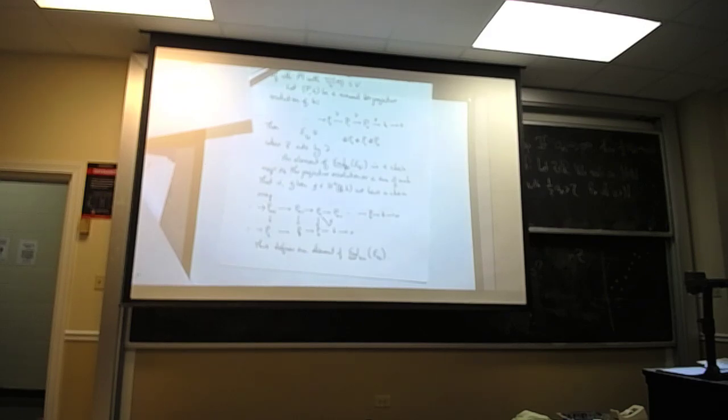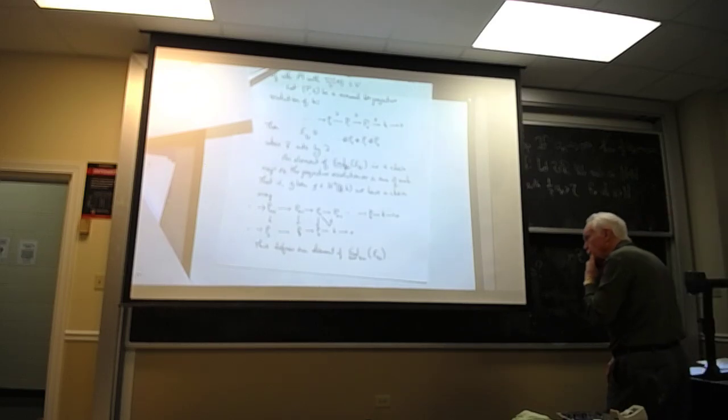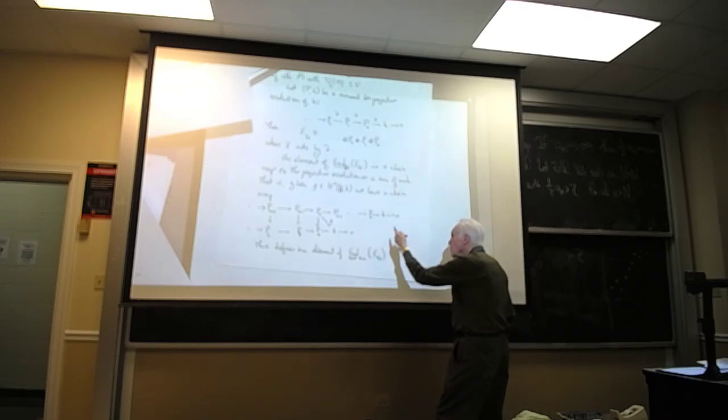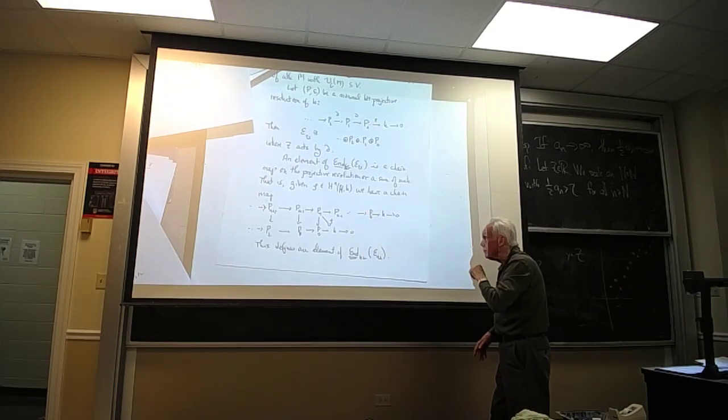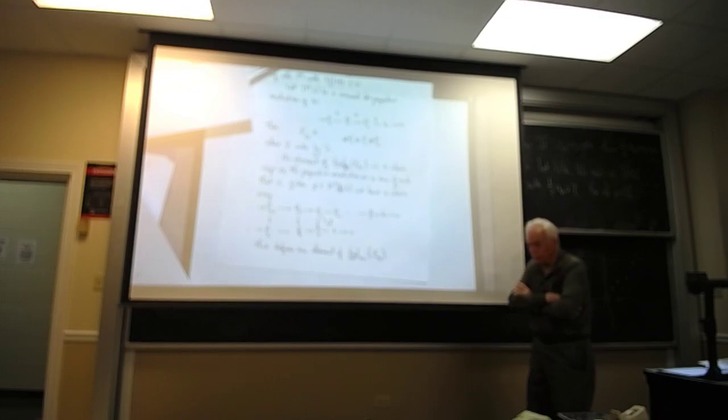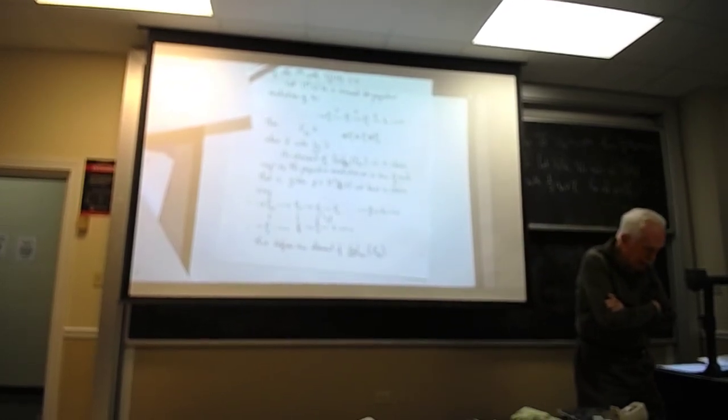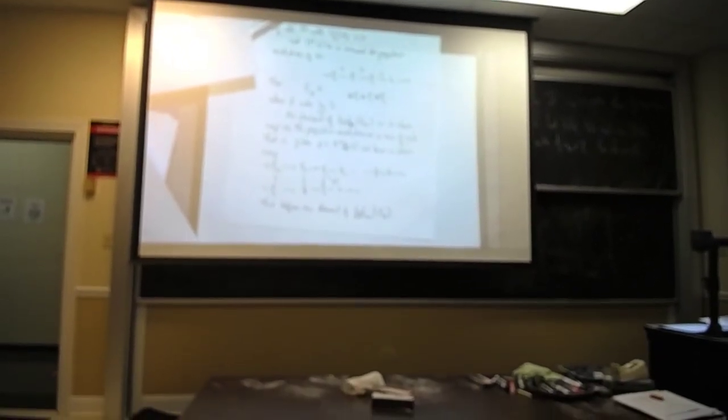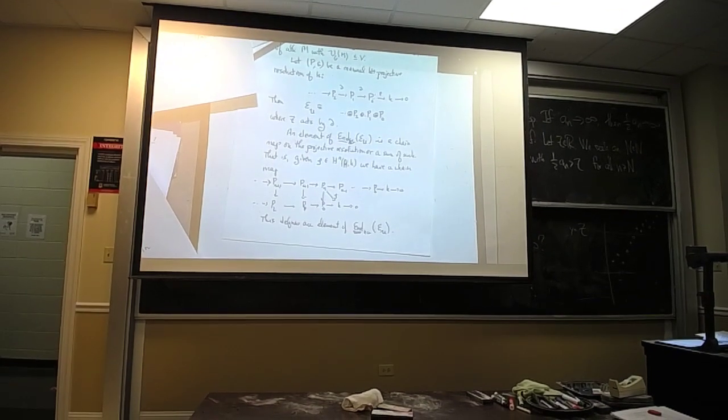Okay, so you better watch out. You can't add them up. But this is where you start, with all these chain maps, and they come from elements of the cohomology of H with coefficients in K. And I might point out that if you have two different chain maps that are homotopic, then that's going to mean that these things factor through a projective.